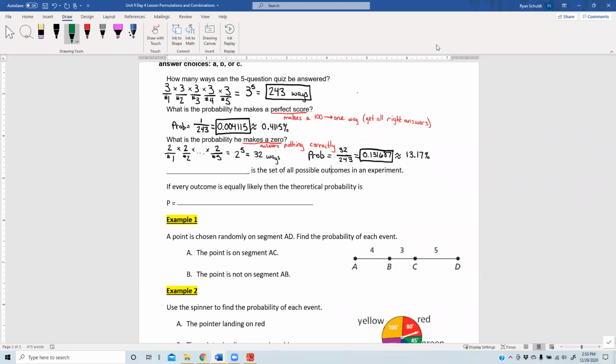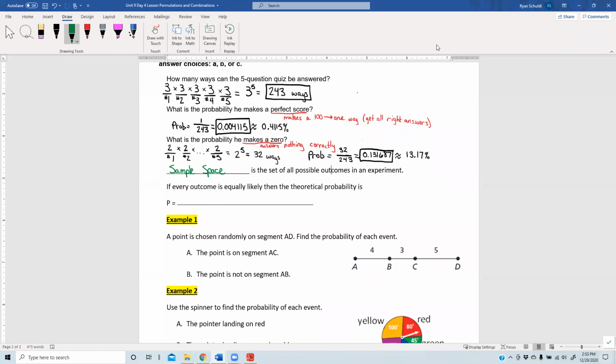Okay, so now here, if we think back to day 1 of the unit, we learned that sample space is the set of all possible outcomes in an experiment.